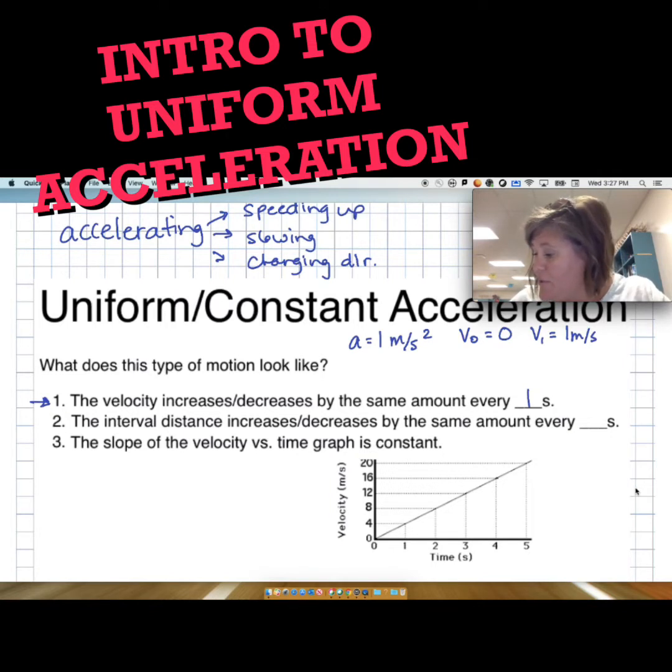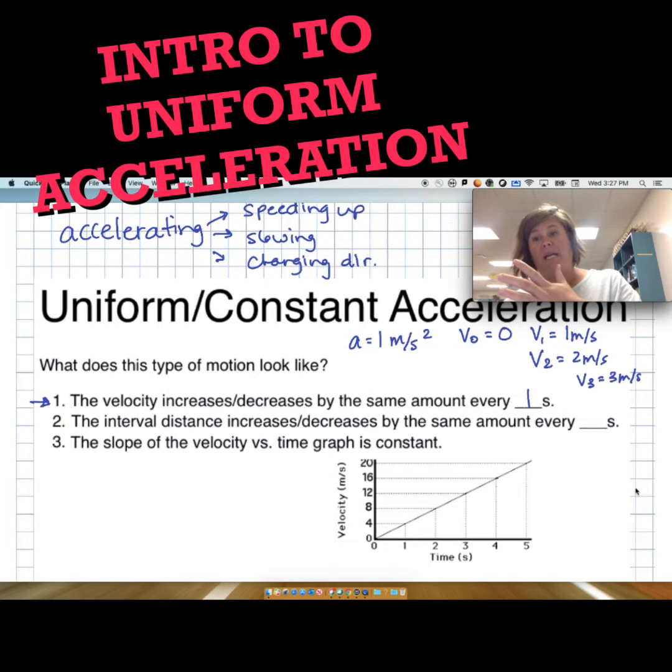After 2 seconds, the instantaneous velocity is 2 meters per second. And after 3 seconds, the instantaneous velocity is 3 meters per second. So the magnitude of the velocity is increasing by the same amount every, in this case, 1 second. That acceleration is uniform.